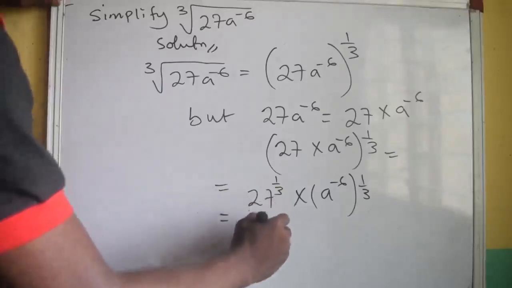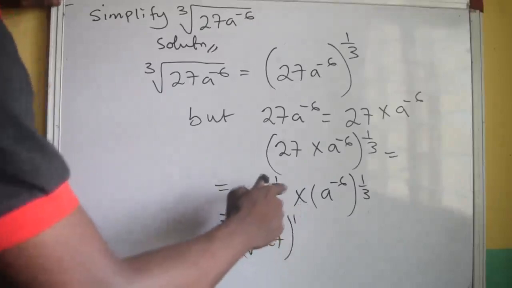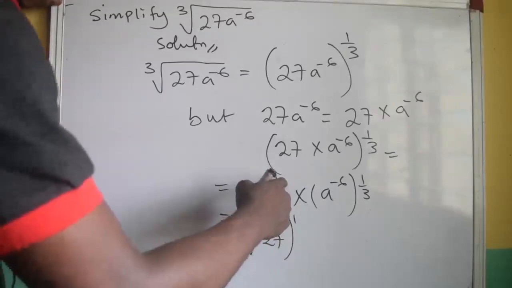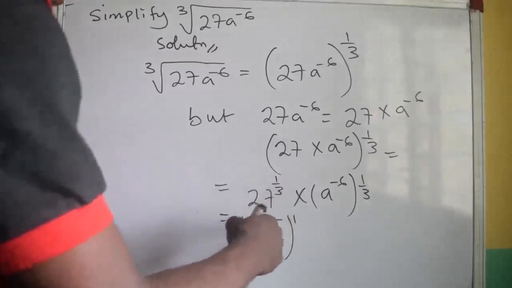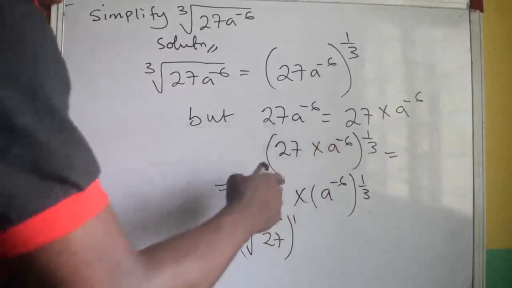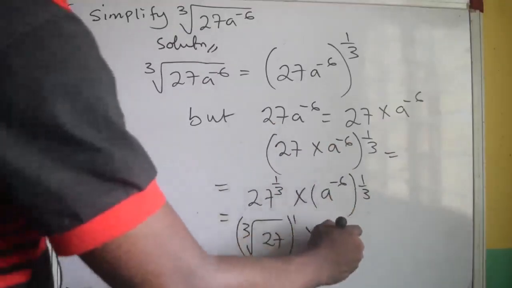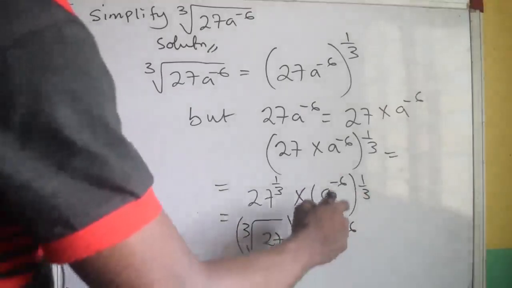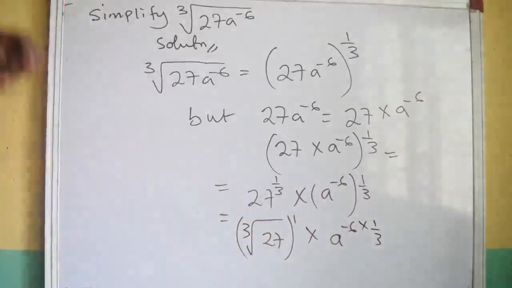So what is here will be cube root of 27 all raised to power 1, because this guy is a fractional power. We can take this to multiply or raise it to the power of this 1. So we say multiply by a raised to power -6 times 1/3.